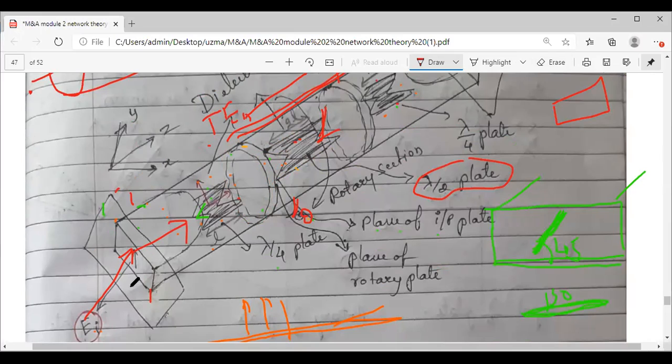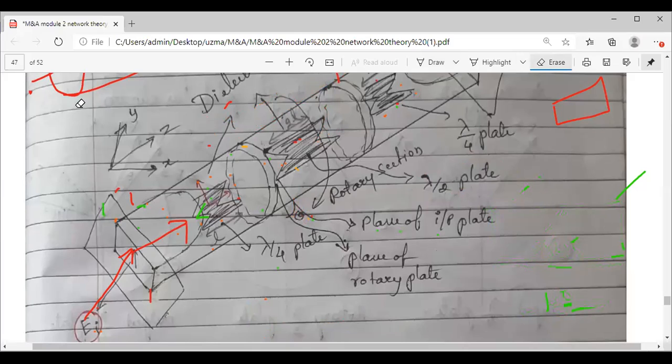So tell me, when EI enters, as I am saying, it is resolved into two components. One is E1, the other one is E2. That is, one is a horizontal component, the other one is a vertical component. I am talking about this with respect to one plate. So which plate am I talking about? You can just look at the figure and tell me which plate I am talking about now, when the wave enters the rectangular waveguide.